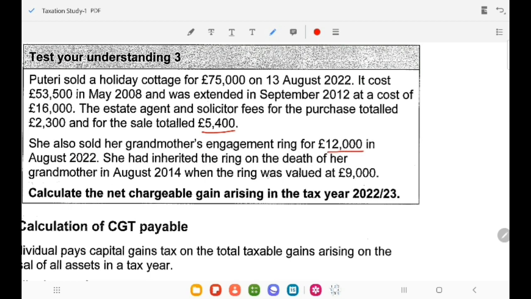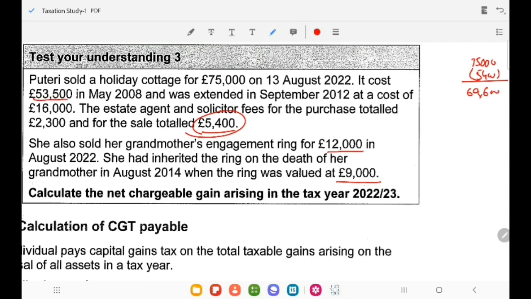She inherited this when the ring was worth 9,000. So for the first asset, 75,000 is the disposal proceed, and you have to deduct the selling cost of 5,400 from this to find the net disposal proceed, which is 69,600.